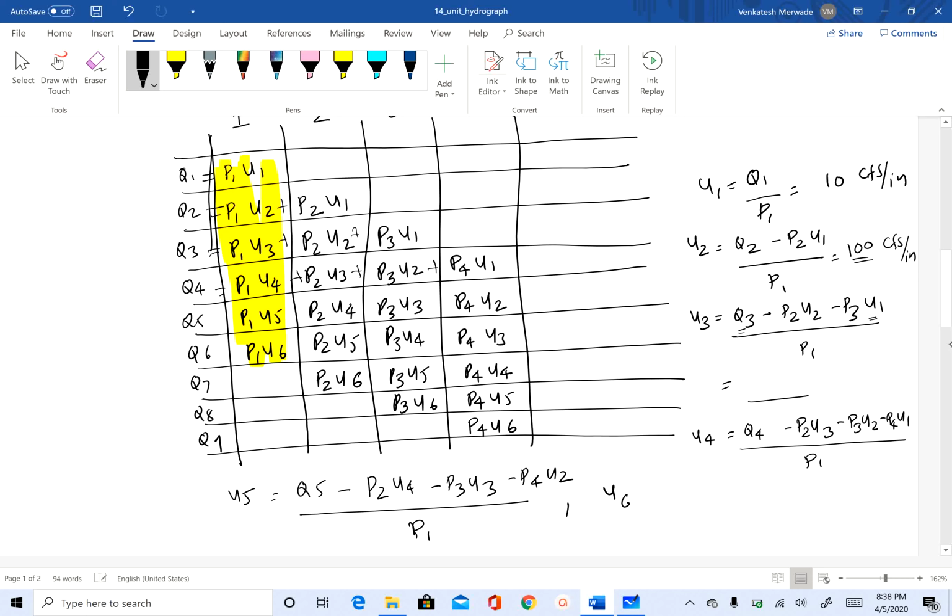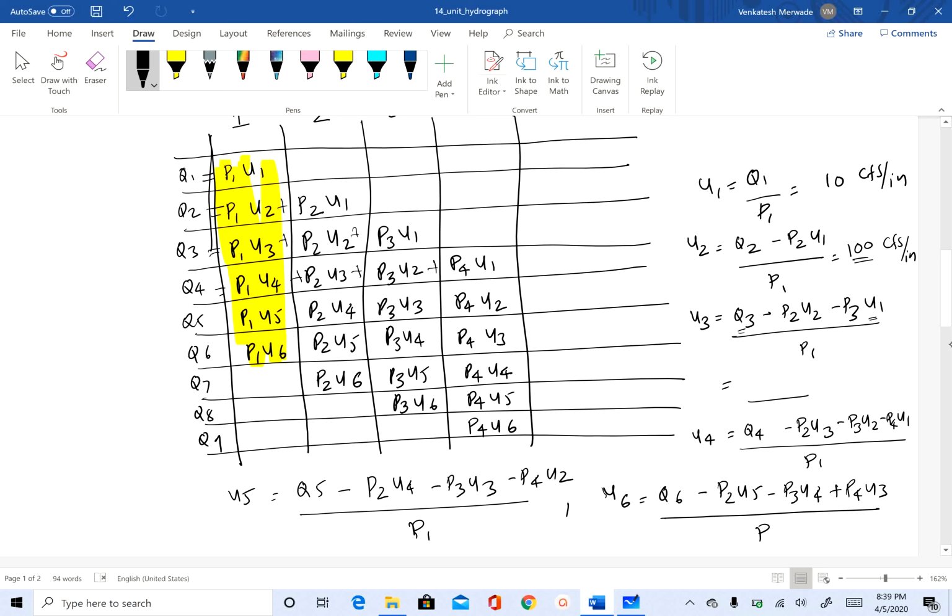And then U6 will be Q6 minus P2U5 minus P3U4 plus P4U3 divided by P1. So you have expressions for all U's and you have all the values for Q's, and you get the value for all the U's as you keep going down the row or down the column for Q.